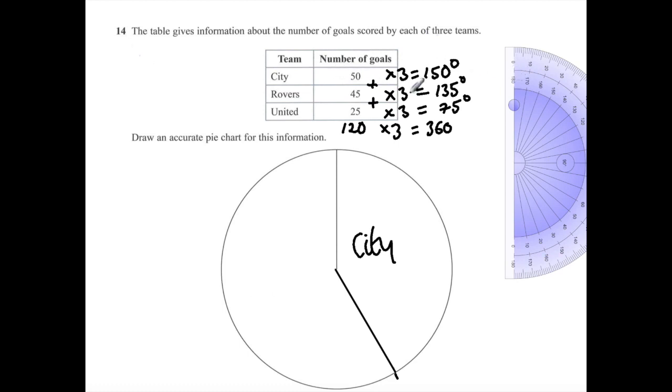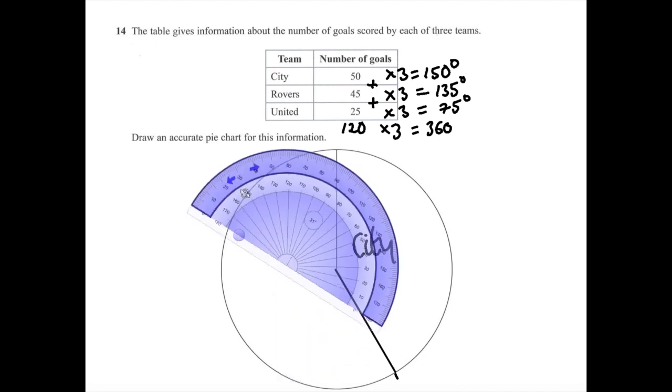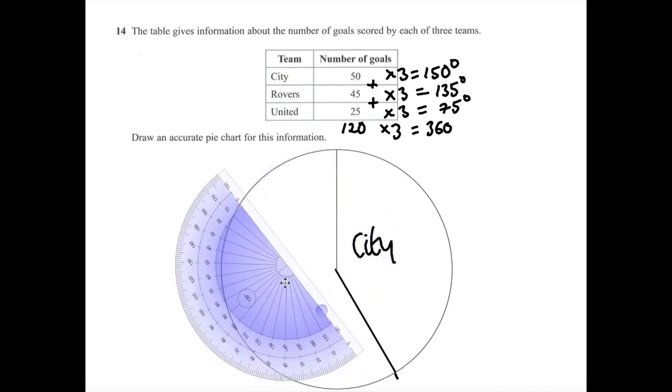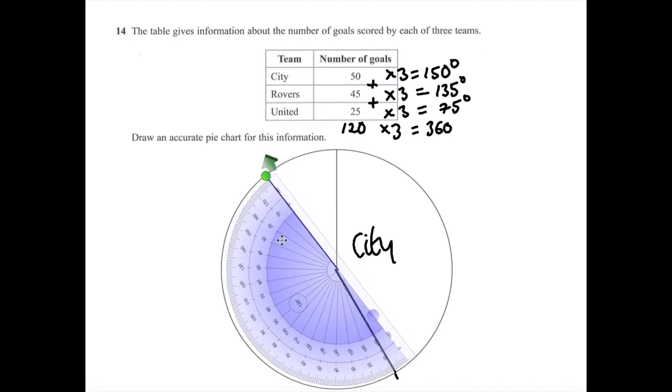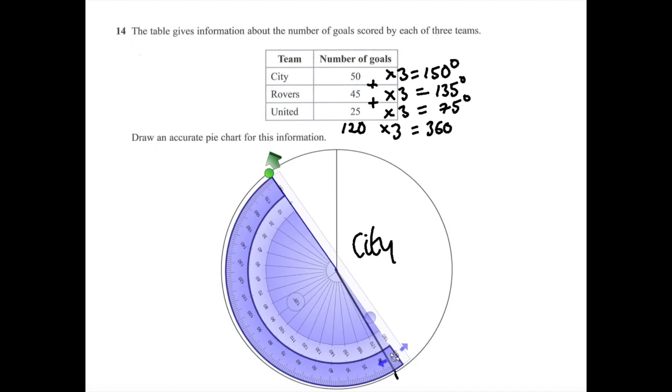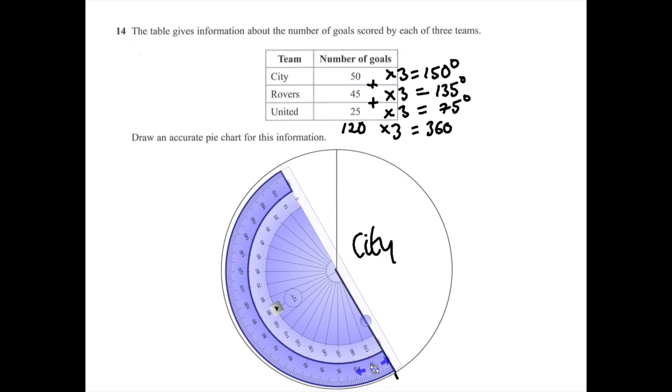Next, I'm going to draw the angle of 135 degrees with Rovers. So I'm going to grab my protractor again. See if I can rotate it. Yep. Make sure it's straight and lined together. That's good enough.